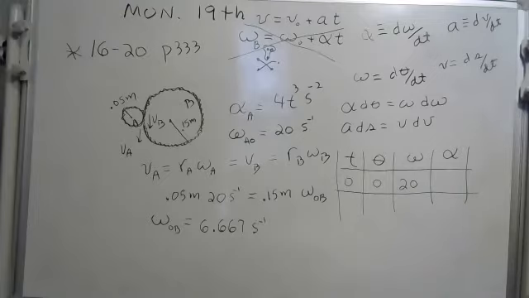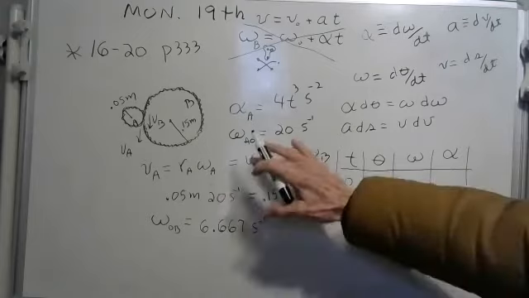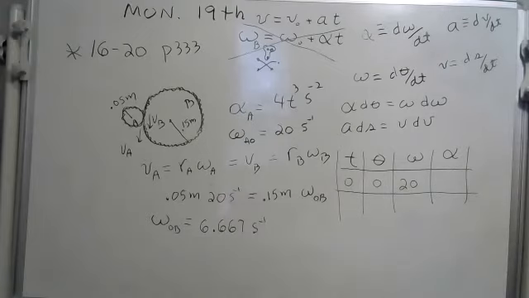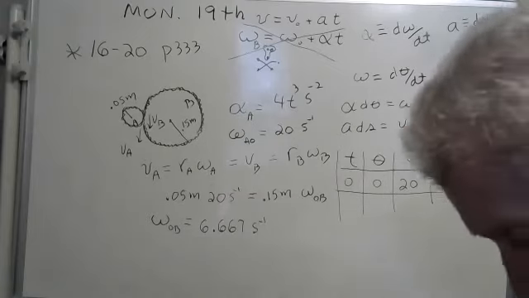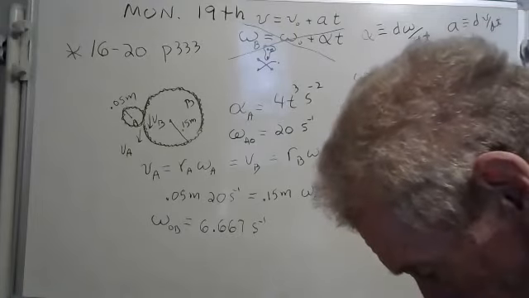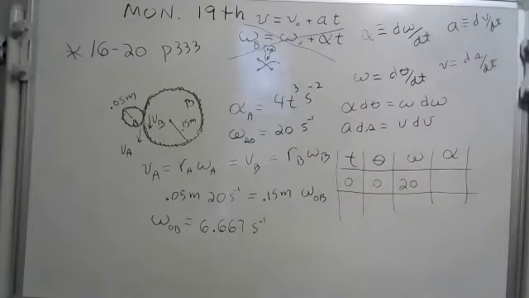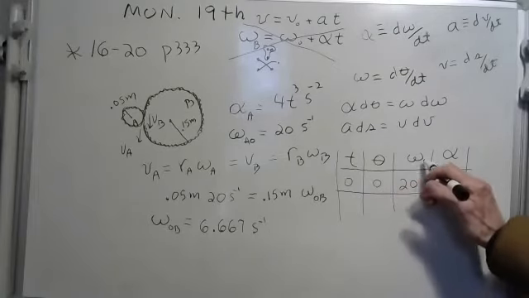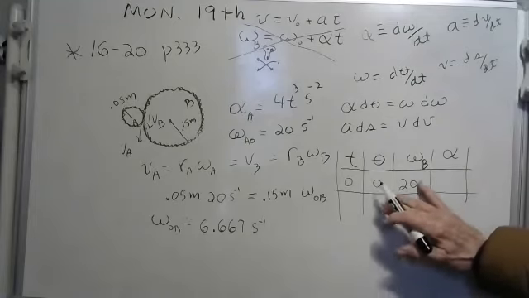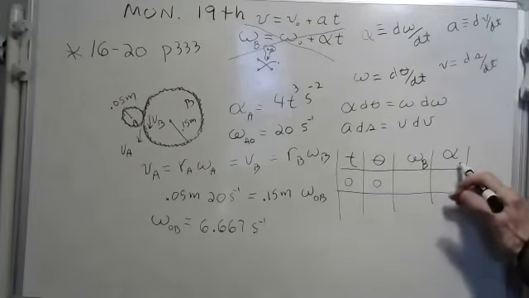Does A have 20? Yeah, I think so. We're really after B though, aren't we? Let me read this again here. Yeah, we're after B. So what's the angular velocity of B? Let's do B here. We're going to do B.